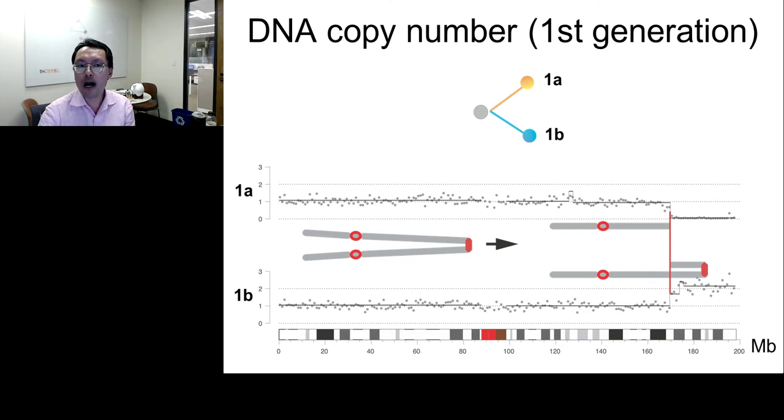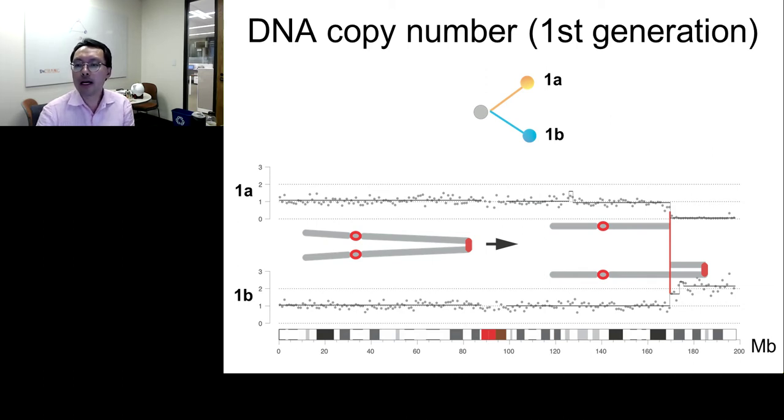If the break is not happening exactly in the middle of the chromosome, you would imagine that one daughter cell would inherit a broken chromatid with slightly less material, whereas the other daughter cell would inherit the broken chromatid with more material. In other words, one daughter cell has a terminal loss, and the other daughter cell has a reciprocal terminal gain.